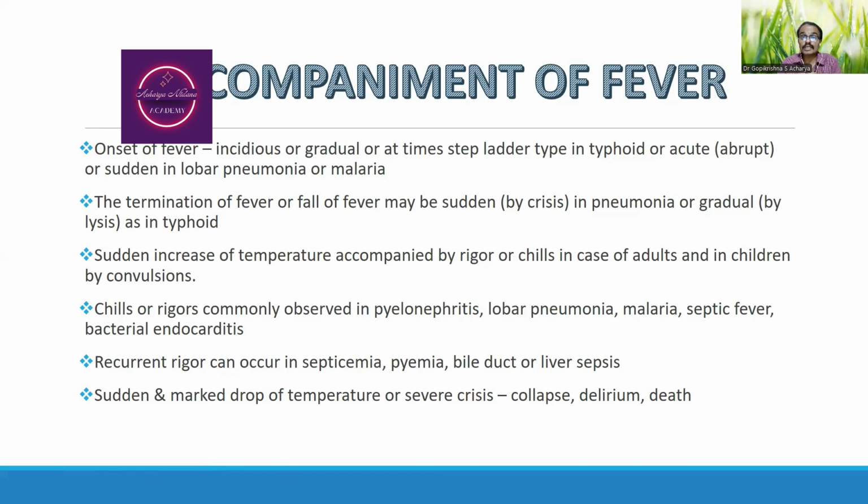Recurrent chills or rigors are specifically seen in persons having septicemia or pyemia or liver sepsis. Whereas a sudden or marked drop of fever, or severe crisis, in the sense that severe complications are seen in cases of collapse or delirium or death.